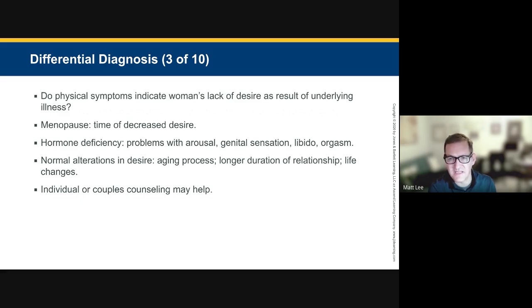Normal alterations in desire. There is an aging process. Longer duration of a relationship. This is where, again, the couple's in a rut. They have routines. Sex has become just what happens after the news on Thursday nights, and really having that emotional connectedness can really change things. At times, counseling is needed.